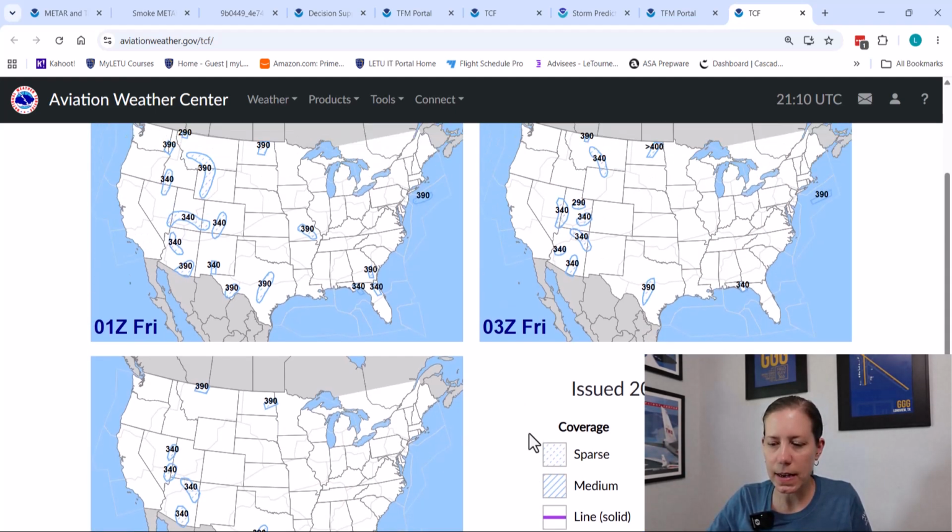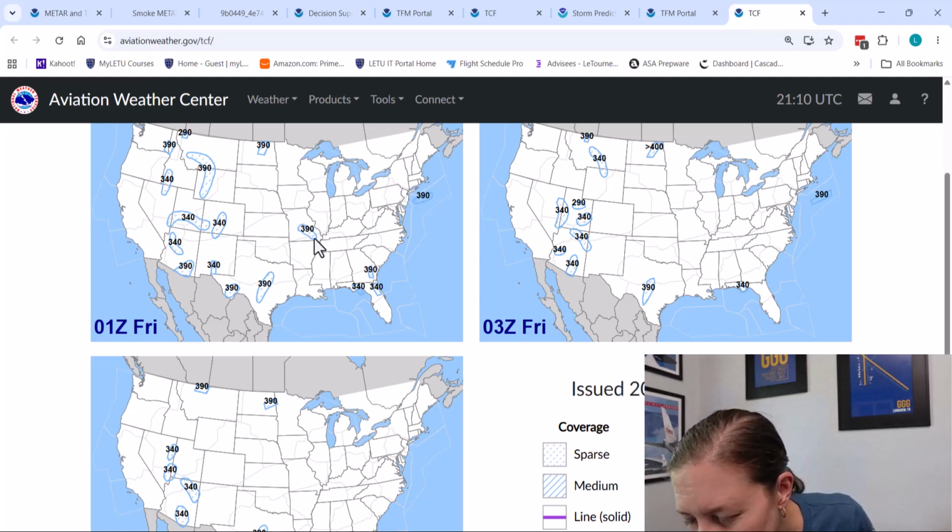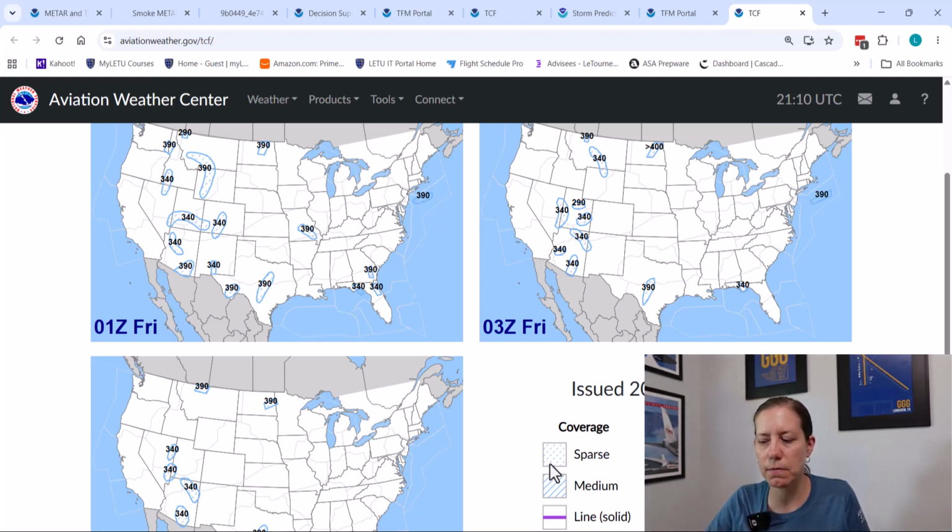So we can take a look, for example, it looks like central Missouri is expected to have heights of up to 39,000 feet. And looking at that coverage, it looks like it is sparse coverage expected. It's a little hard to tell because it's very small.